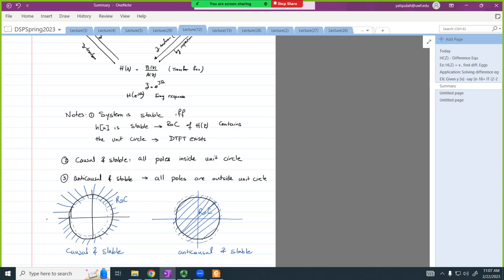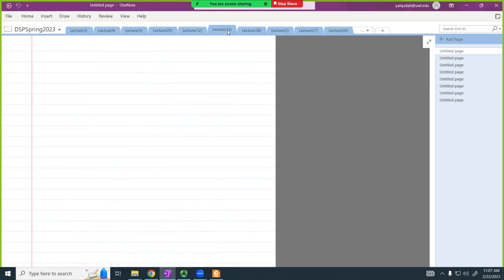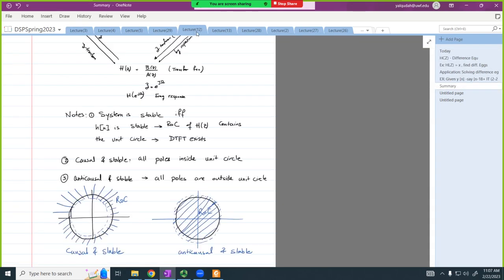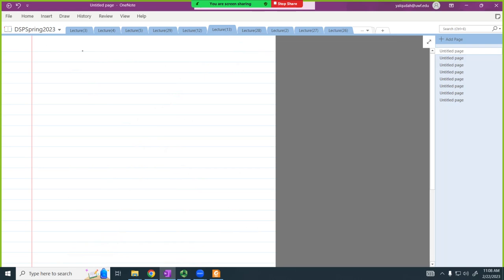So what we're going to be doing today is looking at stability, and we're going to introduce a tool that will help us determine the stability of a system.